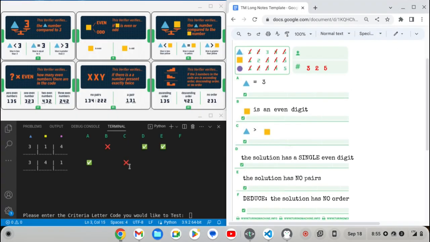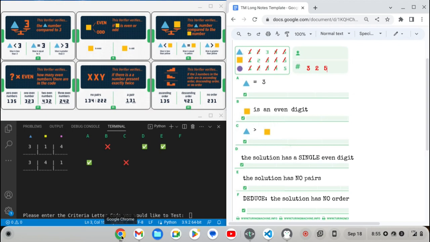This time we're fortunate that we only needed to test 5 criteria cards. We deduced F, so that is almost a guarantee that we beat the Turing machine. Notice that we did B, D, E in the first round, and we got B incorrect. And then we only tested A and C in the second round, and C was incorrect.